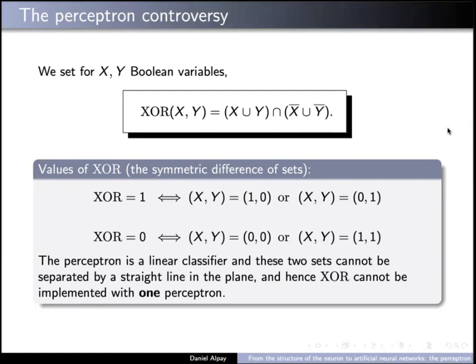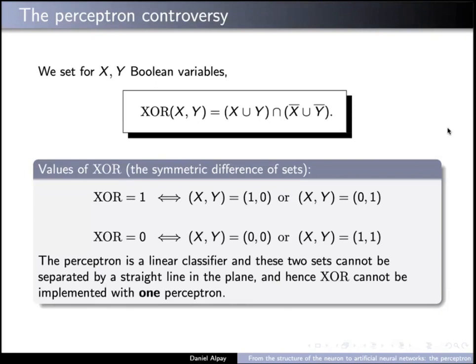So you see, the XOR is this, and there is no way to separate by a straight line. And this led to the so-called perceptron controversy, because people said it was useless because of that. In fact, that's not true, because when you read the book of Rosenblatt, he mentions that you cannot with one, but you can with a lot of layers realize any Boolean function.